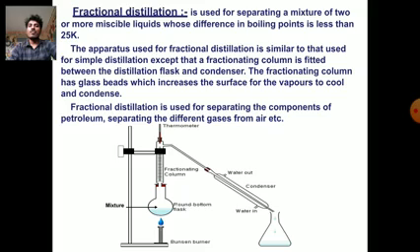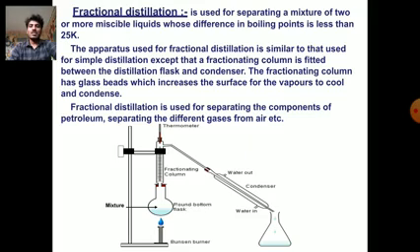Next one is fractional distillation. It is used for separating a mixture of two or more miscible liquids whose difference in boiling points is less than 25 K. The apparatus used for fractional distillation is similar to that used for simple distillation, except that a fractionating column is fitted between the distillation flask and the condenser.